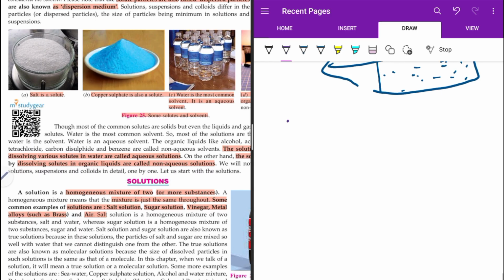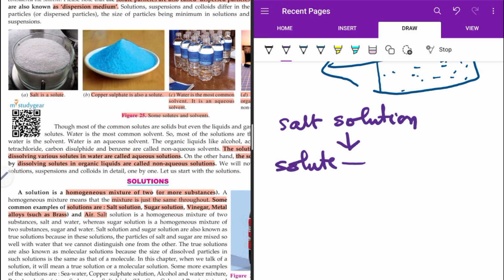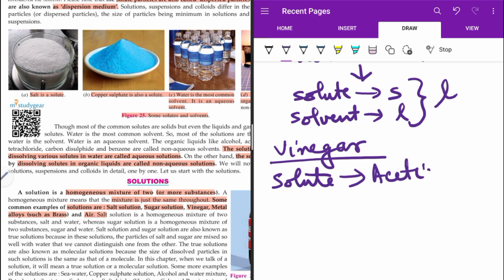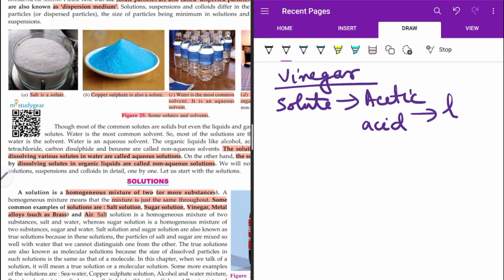If I say salt solution, the solute is salt, which is solid, and the solvent is liquid, which is water. This type of solution is a liquid solution. If I say vinegar, the solute is acetic acid, which is in liquid phase, and the solvent is water, which is liquid.